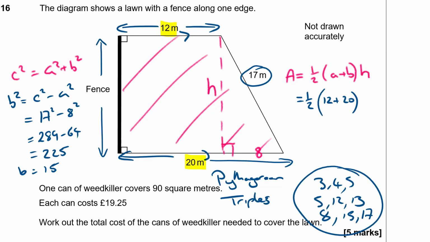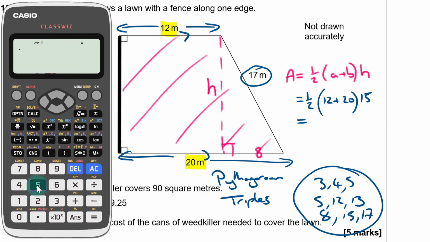But anyway, we now know the height of this triangle. It's 15, so I'm going to put that in there. So now I can work out the area of my trapezium. So half, 12 plus 20, times 15 equals half times 32 times 15, which is 240.